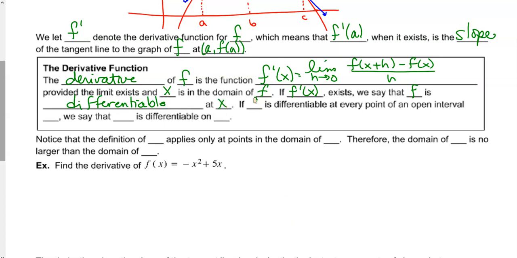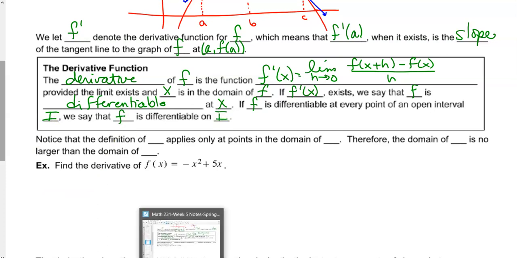And if f is differentiable at every point of an open interval I, we say that f is differentiable on I. So we can have a function that is differentiable at just a point, and if it is true for every point in some open interval, it can be true for every point on that interval.